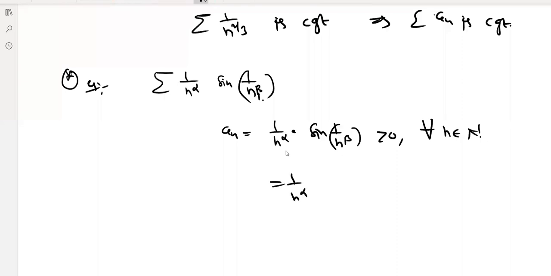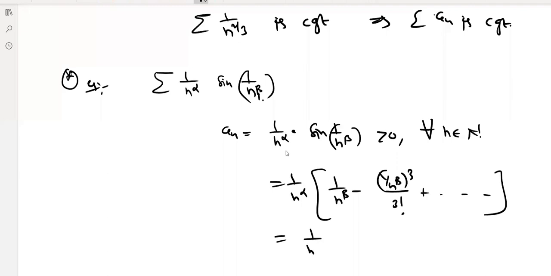Therefore, what is this? This is x minus x cube by factorial 3, like this. So take n power beta common out, 1 minus n power beta whole square by factorial 3, and so on.